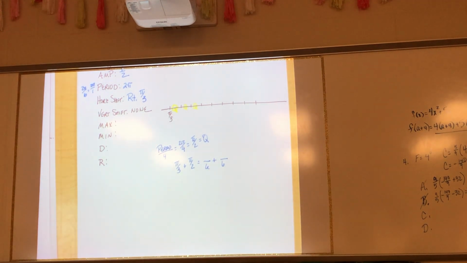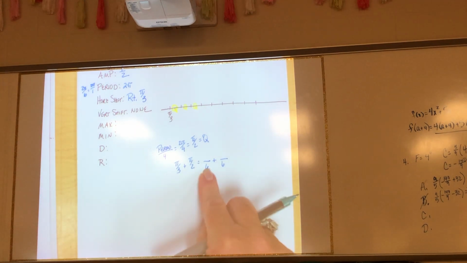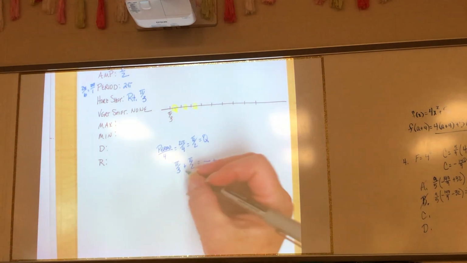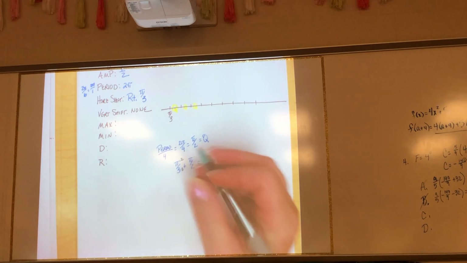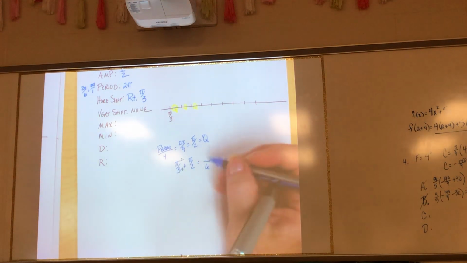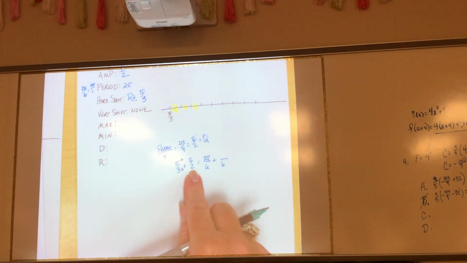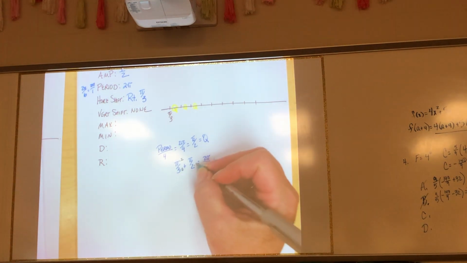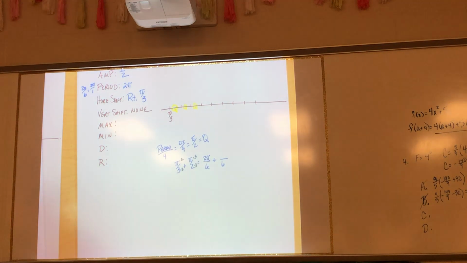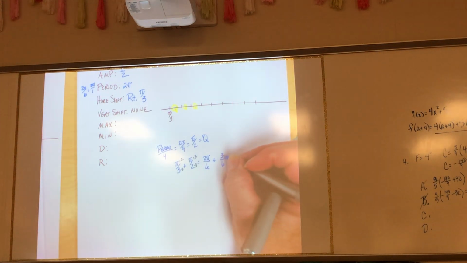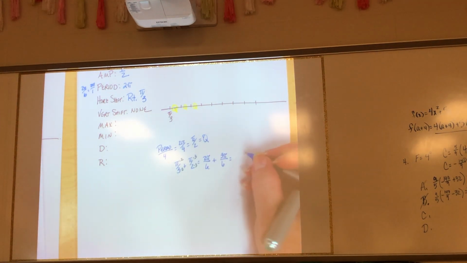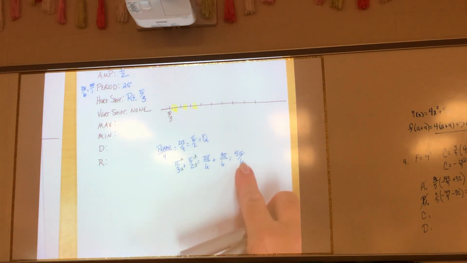So what do you do to this guy to turn him into a 6? Multiply by 2. You multiply the top by 2, and pi times 2 is 2 pi. Do you agree? Over here, what am I multiplying by? 3. Times 3, times 3. And so that will be 3 pi. What is 2 pi plus 3 pi? 5 pi over 6.